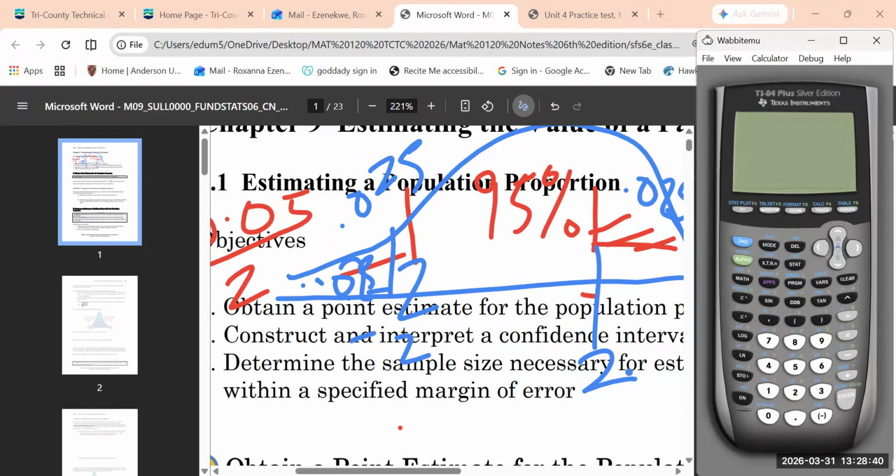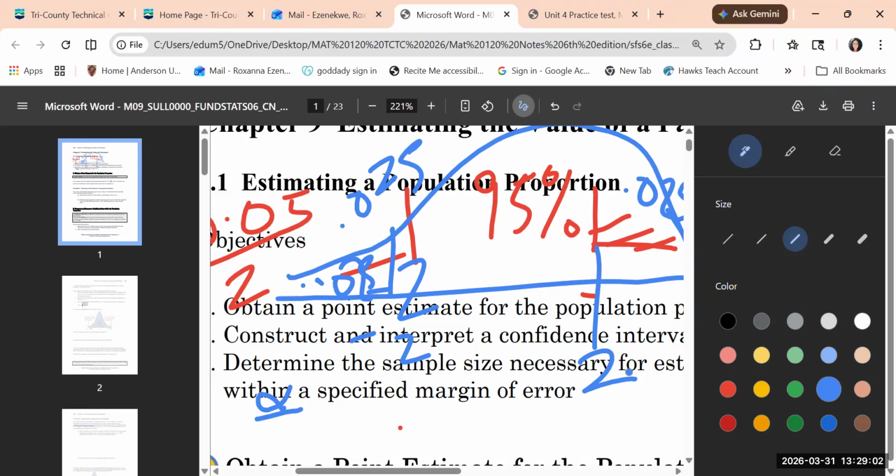The value of z that corresponds to the area on the tail is the critical value to the left. The value of z corresponding to the shaded area to the right is called critical value on the right. Okay? And this number, 0.025, will also be called alpha over 2.